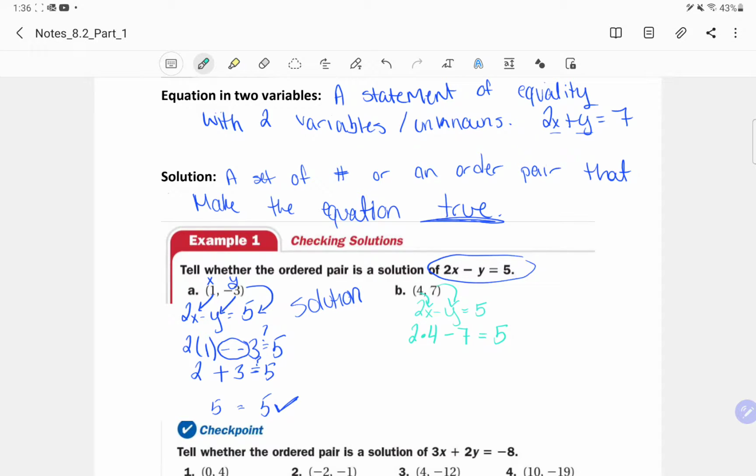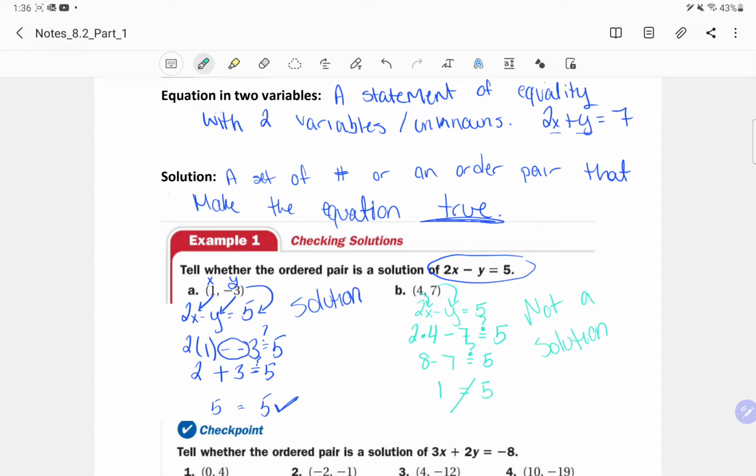Now you're going to simplify. 2 times 4 is 8 minus 7. Okay, again, we're figuring, are these two things equal? 8 minus 7 is just 1. Is 1 equal to 5? No, 1's not equal to 5. That's not a true statement. So this one is not a solution.